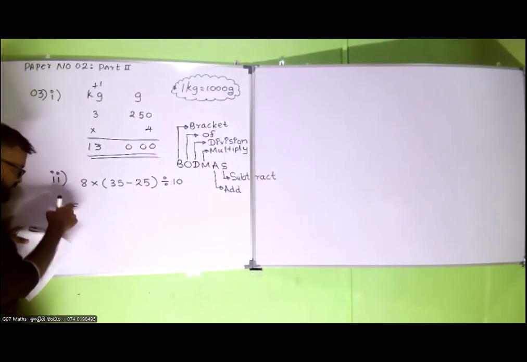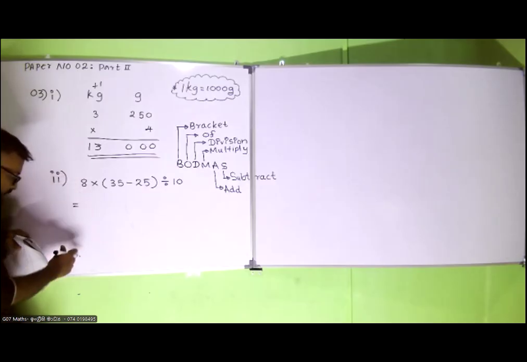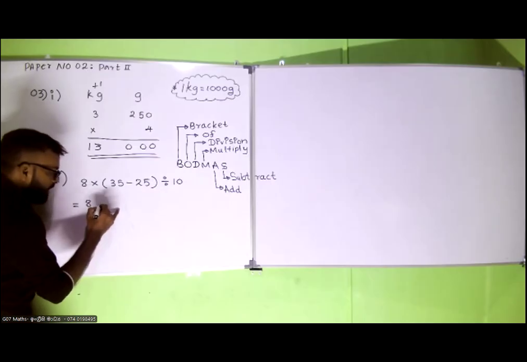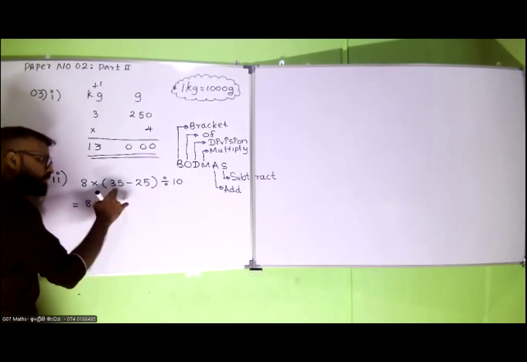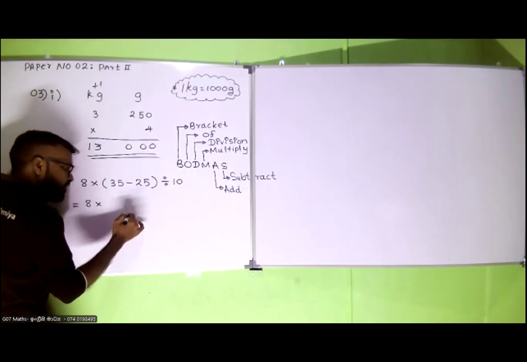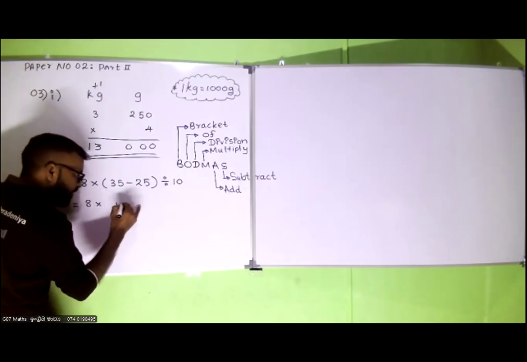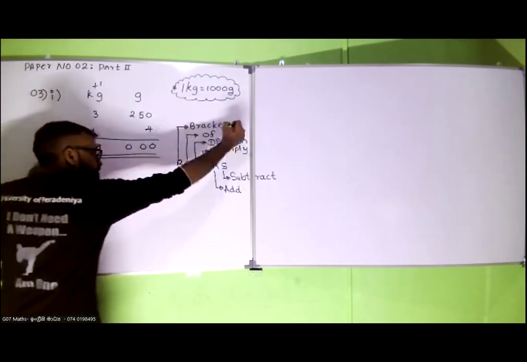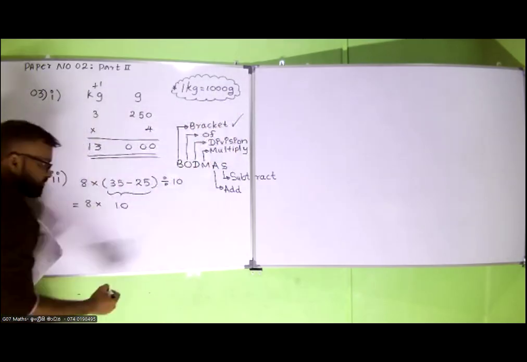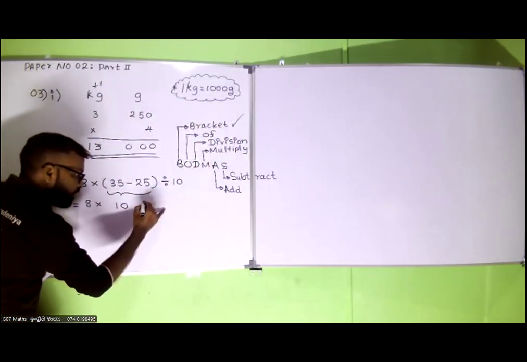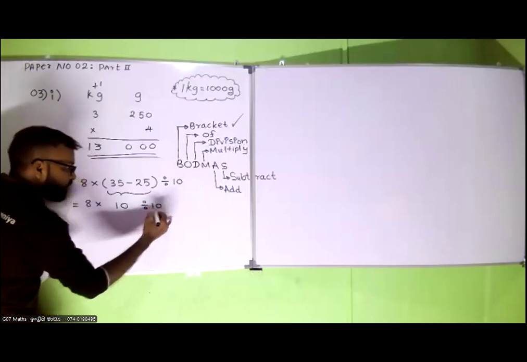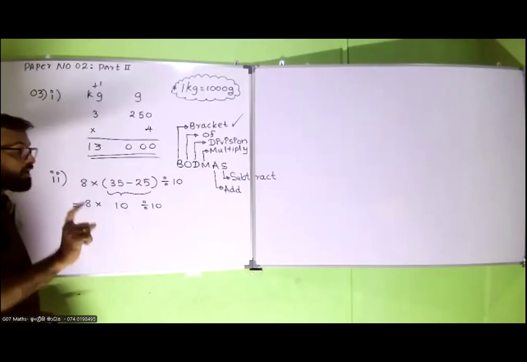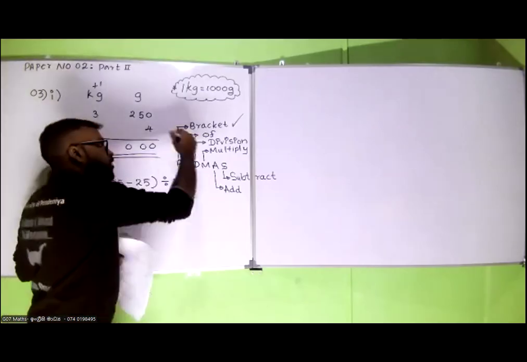Equal mark, right align the equal mark, very beautiful. 8 multiplied by, 35 minus 25 is 10, so the answer inside the brackets is 10. Then 10 divided by 10.